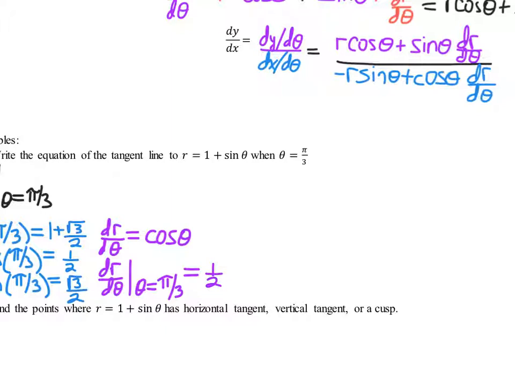Those are the ingredients for the slope of my tangent line. So I have my formula. R, well, it's not as nice as it could be, but 1 plus root 3 over 2. Cosine theta, 1/2. Plus sine of theta, yeah, sine of theta is next, radical 3 over 2. Times dr d theta, which is 1/2.